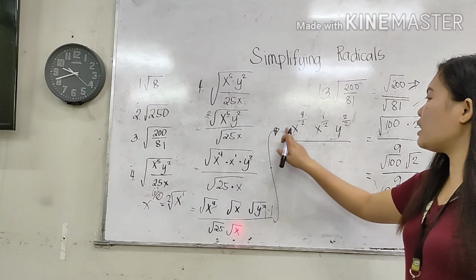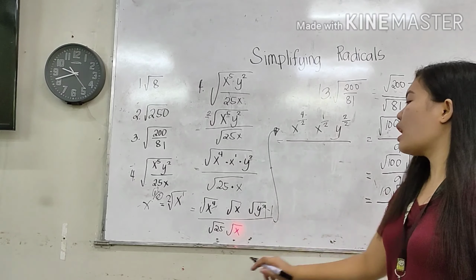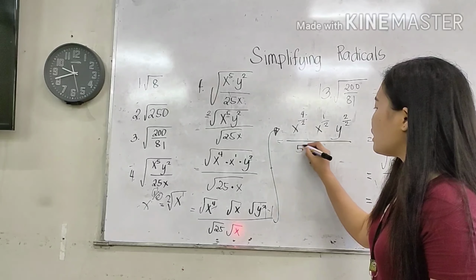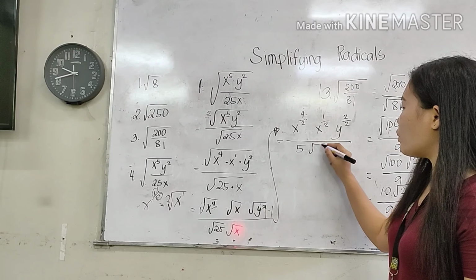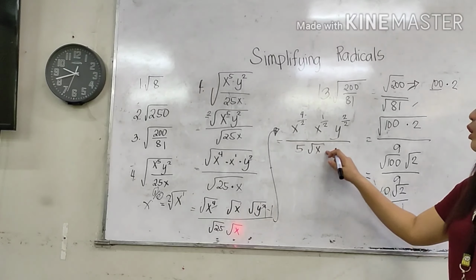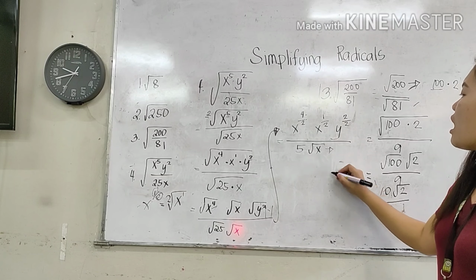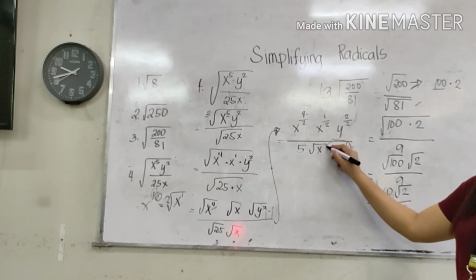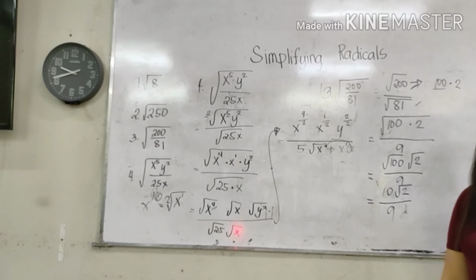Next, for the denominator, the square root of 25 is 5. Then square root of x, because we did not factor this one. Or we can also write this as x raised to 1/2, the reverse, they are just the same.